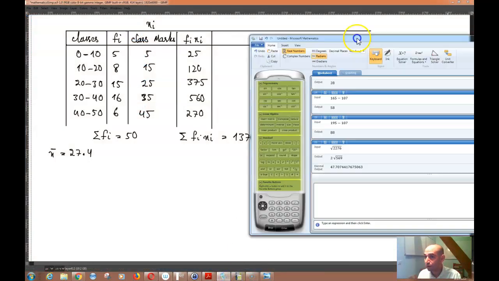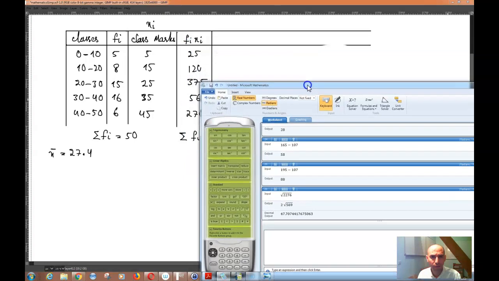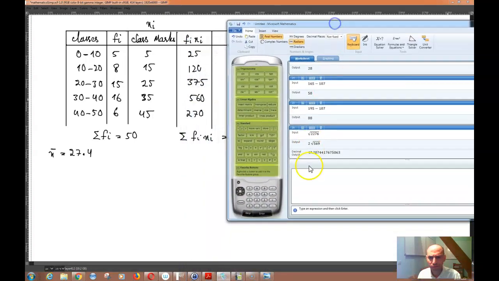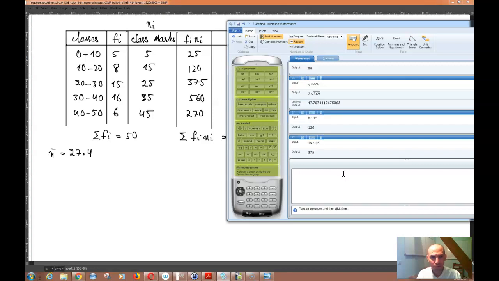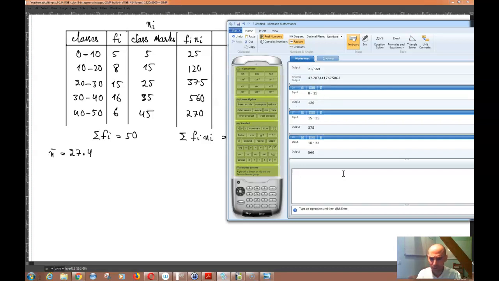Let me see. So if I have 8 times 15 is equal to 120, 15 times 25 is equal to 375, 16 times 35 is equal to 560, 6 times 45 is equal to 270. Now 270 plus 560 plus 375 plus 120 plus 25 is equal to 1350.